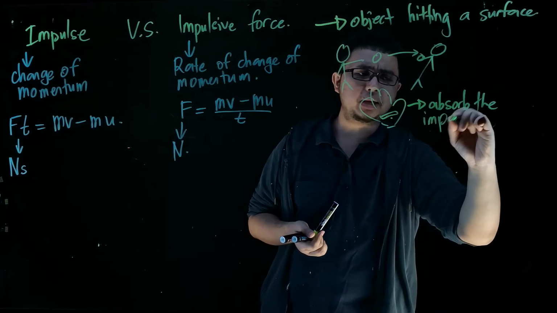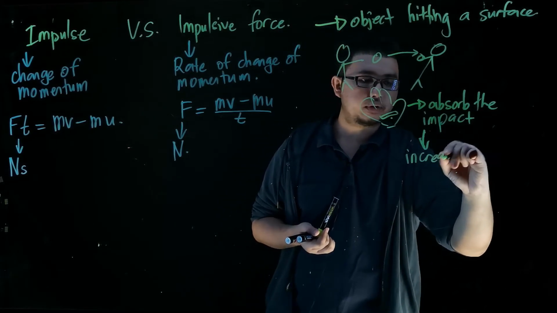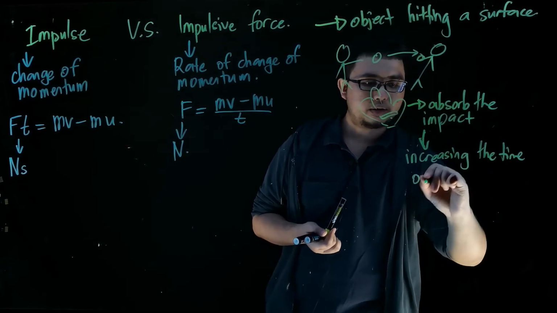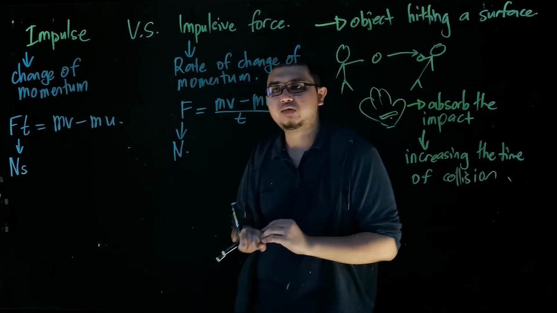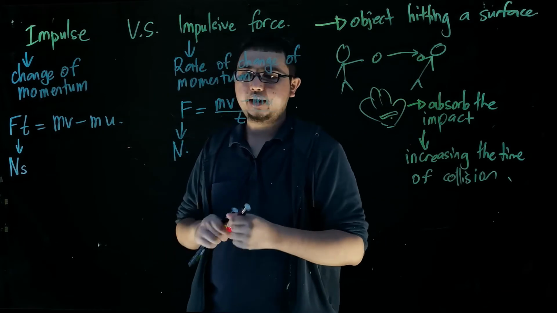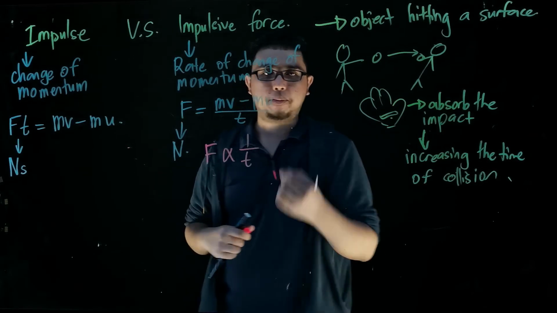How do they absorb the impact? By increasing the time of collision. Why is this so? Because in impulsive force, we see that the force is inversely proportional to time.